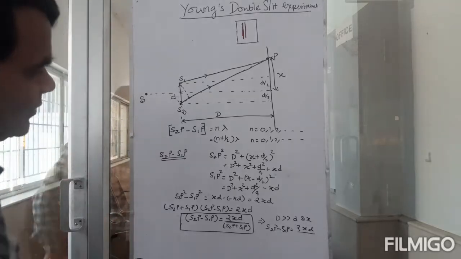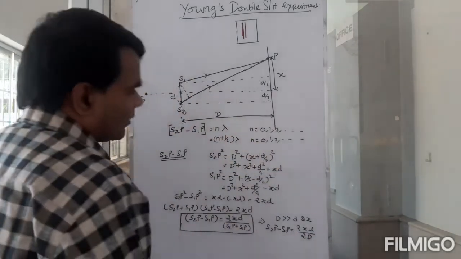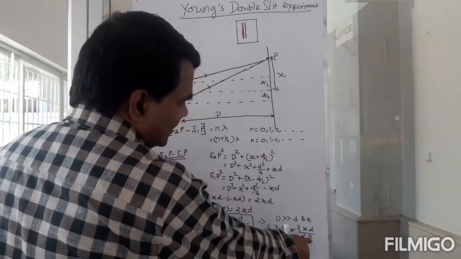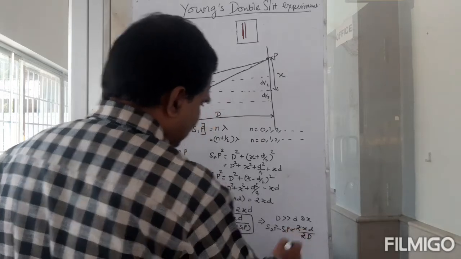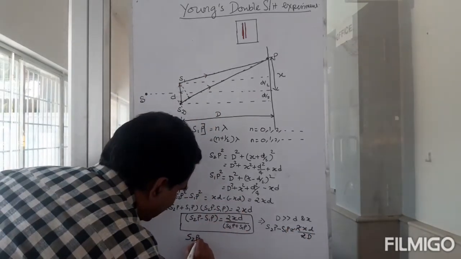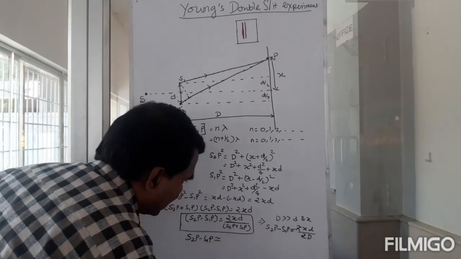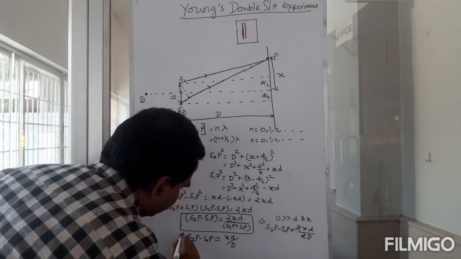So this becomes 2D. It's approximately, I should say. Approximately, this is the equation. So this 2 and this 2 cancel, and I am left with S2P minus S1P is approximately equal to xd by D.